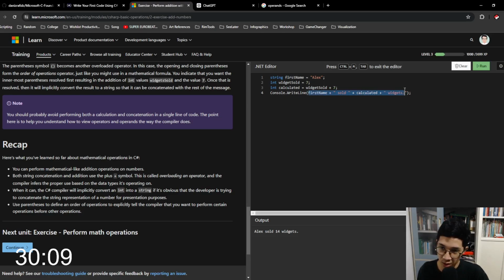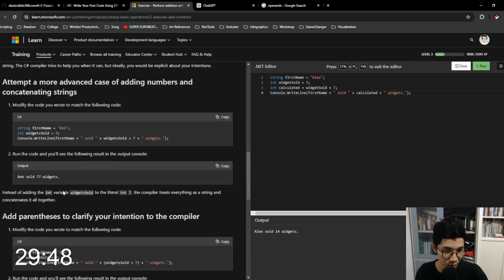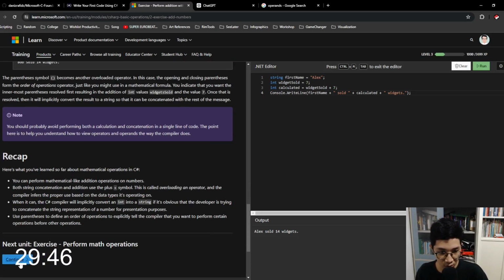So it's not just automatically and implicitly done by the computer, because it may not be as accurate as your intention is. So explicit might be a better choice for you. Okay, I think we can continue to the next exercise.